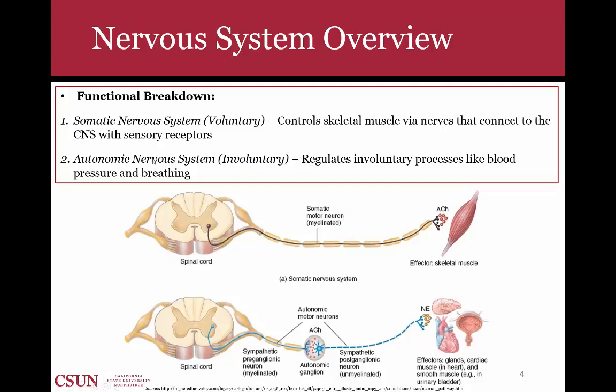The autonomic nervous system regulates involuntary processes. This is like your breathing, your digestion, anything having to do with your everyday processes that we take for granted. We don't actively breathe, though we can. So breathing is one example where we have some nerves that are somatic and some that are autonomic.